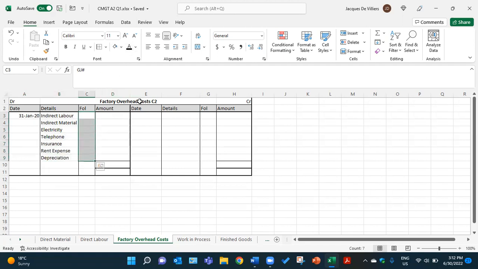All these transactions would have been recorded in a general journal, and all the amounts are given. So we simply copy these amounts as they are given.